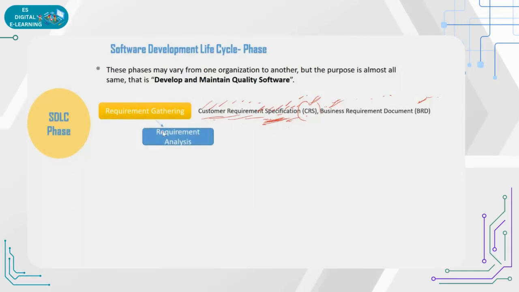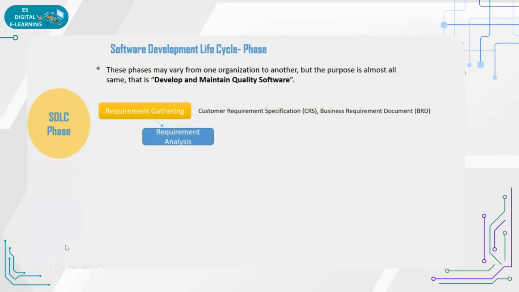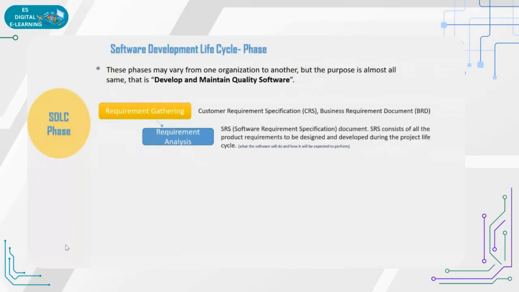Once you get the requirement, what will you do? You will analyze it. Analyzing means understanding the purpose of the requirement, how you need to do the testing, whether it is related to hardware or software, and whether it is a high level or low level implementation. Such analysis is done by the developers. That is the analyzing of the requirements. Here it is related to the software SRS. SRS is the software requirement specification.